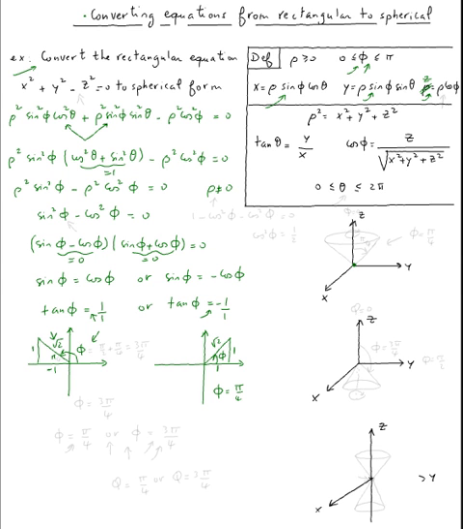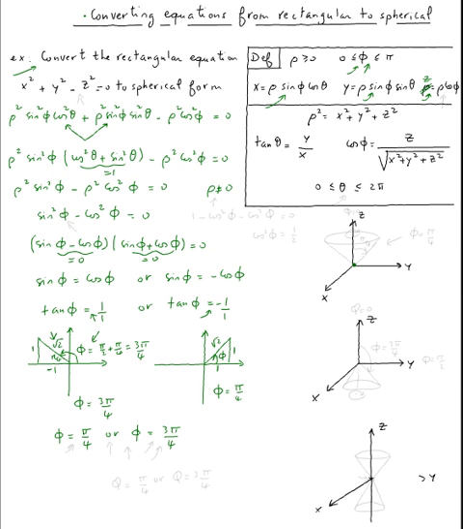I know that this angle is pi over 4, so phi will be equal to pi over 2 plus pi over 4, which is 3 pi over 4. So my phi is 3 pi over 4. So the equation is actually phi equals pi over 4 or phi equals 3 pi over 4.